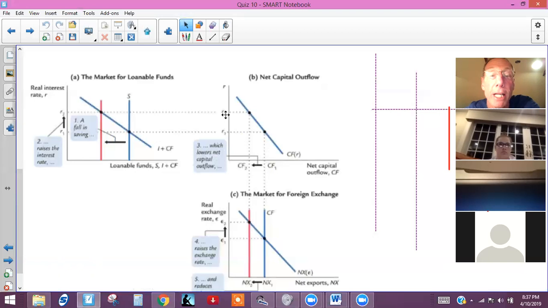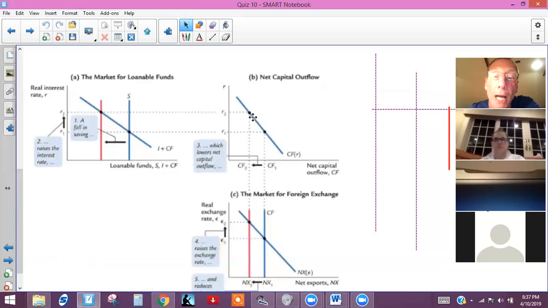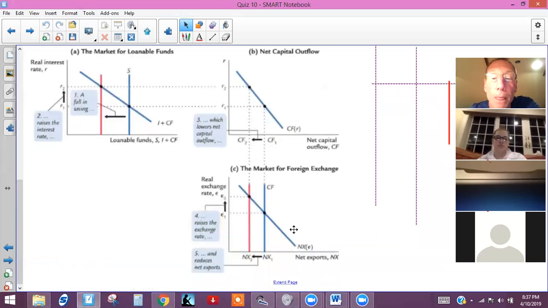In this case, the vertical axis variable is the real interest rate. Since that went up, you've got a movement along the capital outflow curve, and that's going to cause a shift.